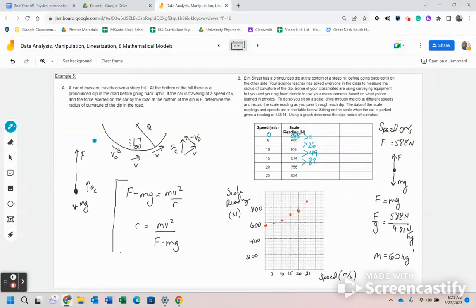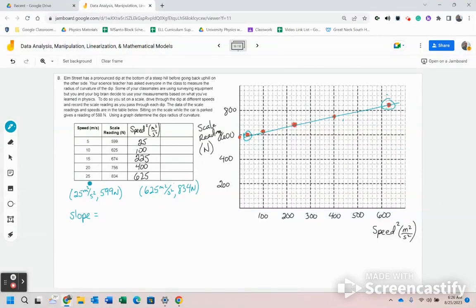Now, the first thing we're going to test, in terms of exponentials, the most basic is a squared relationship. So on the next page, we'll square the speed and plot the speed squared versus the scale reading. From the prior page, we took that speed squared data and plotted it versus the scale reading.